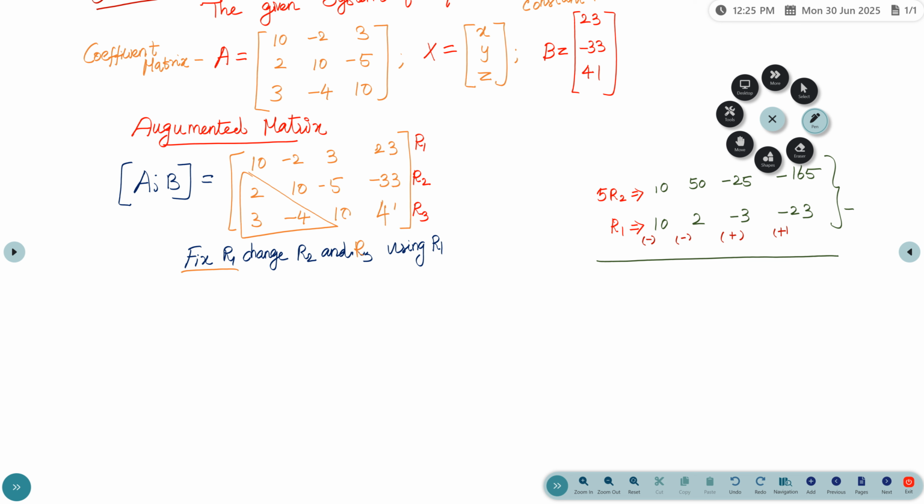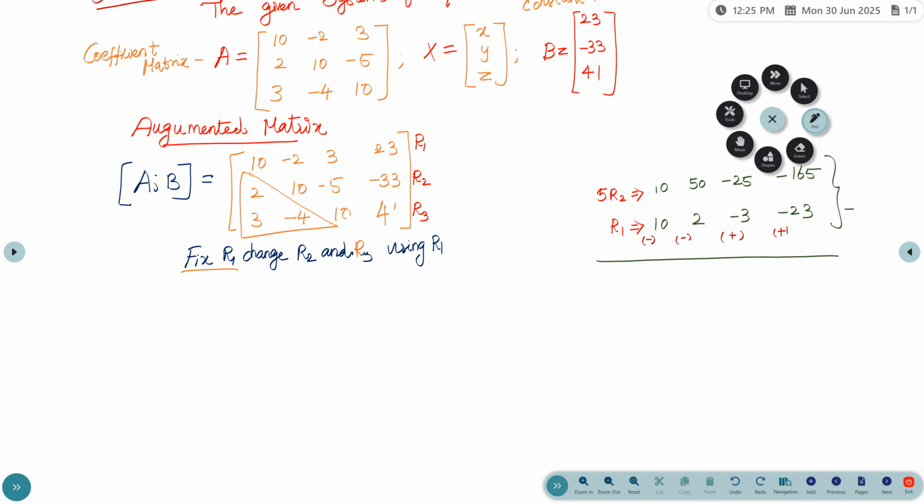Using R1 we are going to change R2 and R3. That is, the elements 2 and 3 must be converted to 0 by multiplying each row by a non-zero number. First, take R2. What is the first element present in R2? The value is 2.